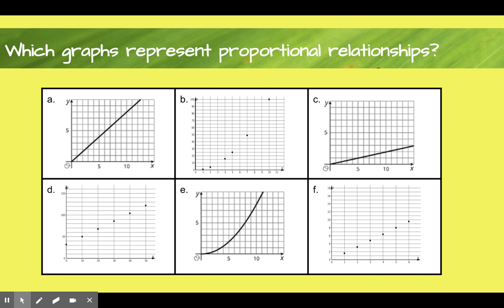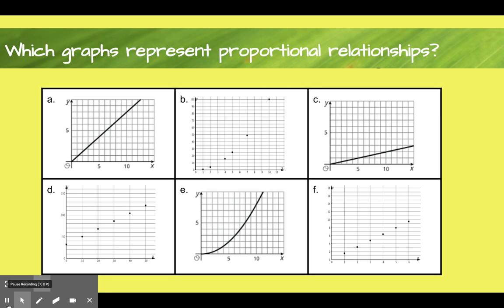If I were to connect the points or the line that's already there, it has to go through the origin, which is (0, 0), and it has to be a straight line. So once again, the two requirements are it has to go through the origin, the line, or the points if I were to connect them, and it has to be a straight line. Let's take 2 minutes, and in the chat, tell me which of these graphs are proportional. We'll pause here.